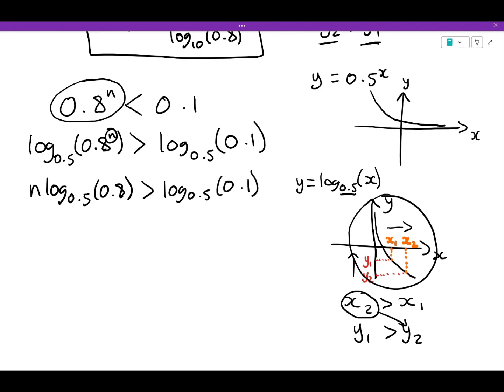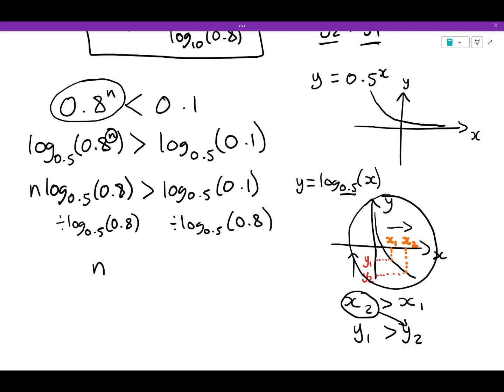Now the n is being multiplied by this here, so that is what we are going to divide by on both sides. We divide by log base 0.5 of 0.8 on both sides. That cancels out on the left hand side, so we're just left with n.